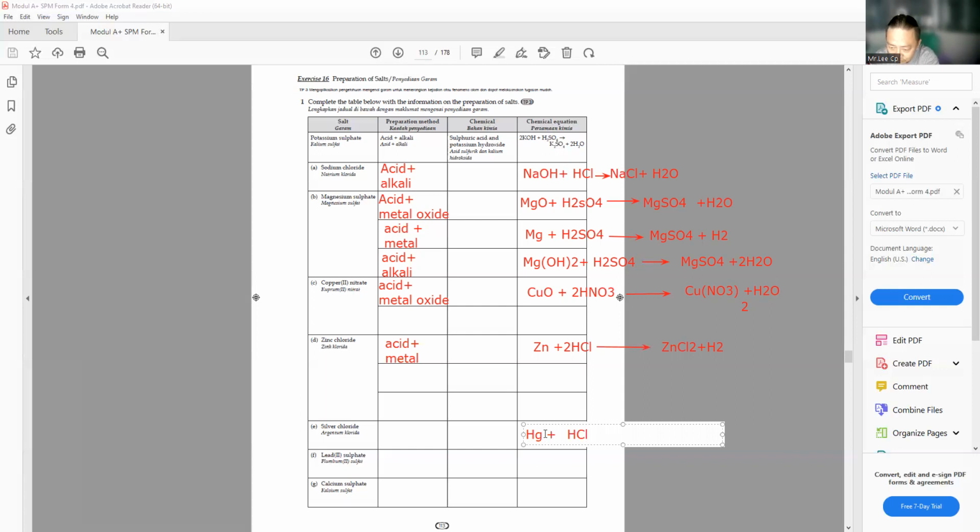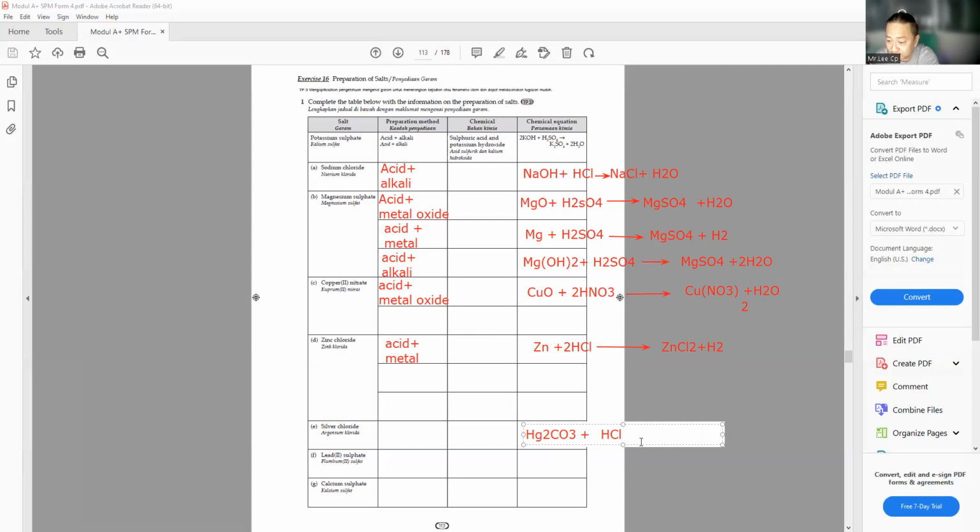Right? So I want to do one more that I never do, which is carbonate. Carbonate is 2, Hg is 1, CO3 is 2. So you plus this one, you will get what?